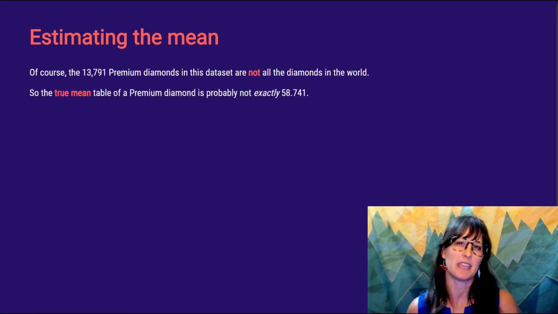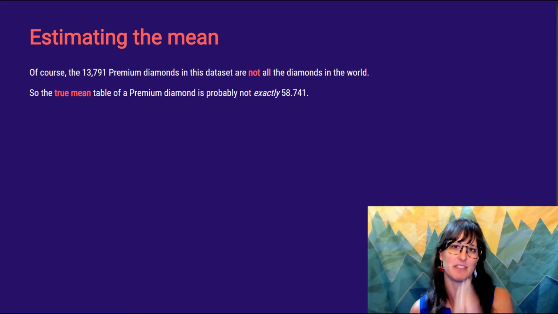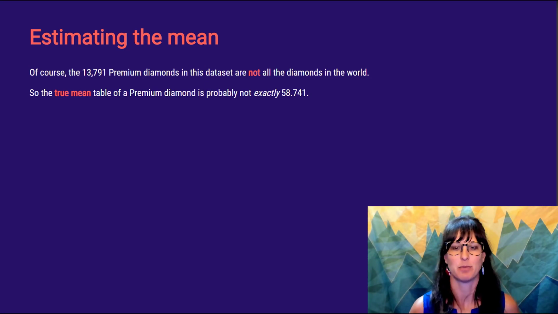And so the true mean of premium diamonds, the true deep spiritual average of these types of diamonds, is probably not exactly 58.741. If we knew the actual statistical distribution that generates premium diamond table sizes in the universe, it would probably not have a mean of 58.741.